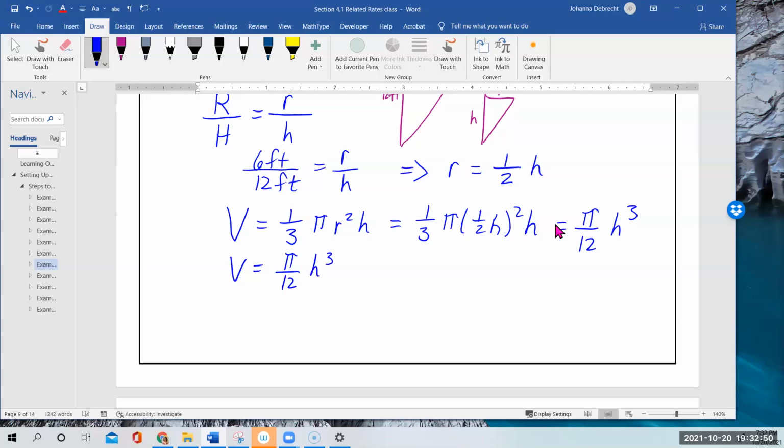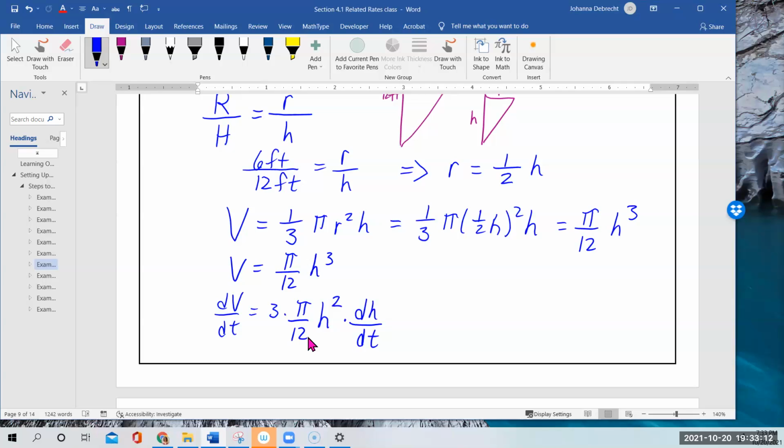I pull the 3 to the front, and I get dV/dt is equal to 3 times pi over 12, reduce the power on h by 1 to h squared, and multiply by the derivative of the inside function, dh/dt.